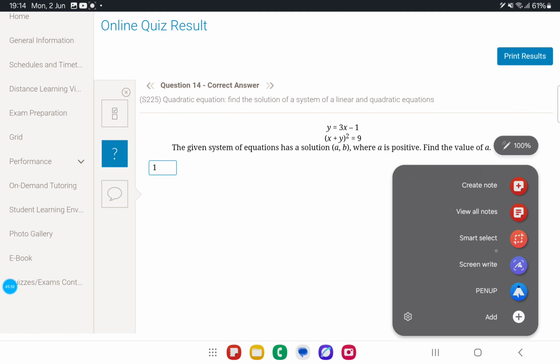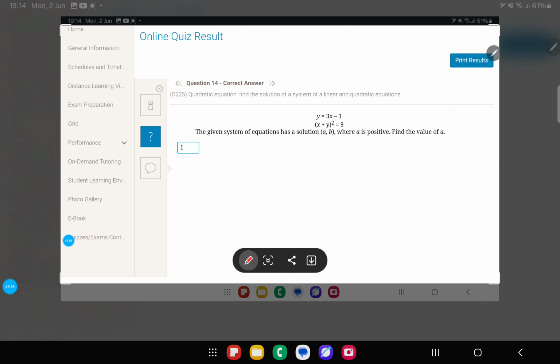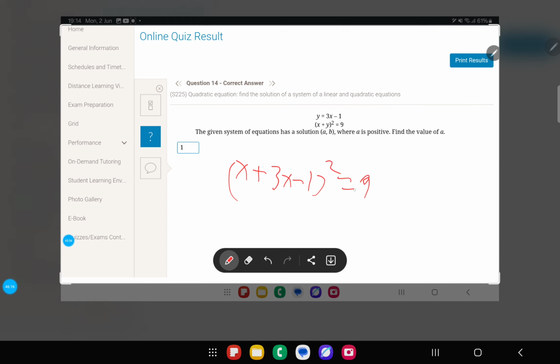Now for question 14. The given system of equations has a solution (a, b) where a is positive. Find the value of a. Okay, well, it's really easy. We have y equals, so we're going to substitute the y into the equation. x plus 3x minus 1 squared equals 9. Now we're going to add them up.